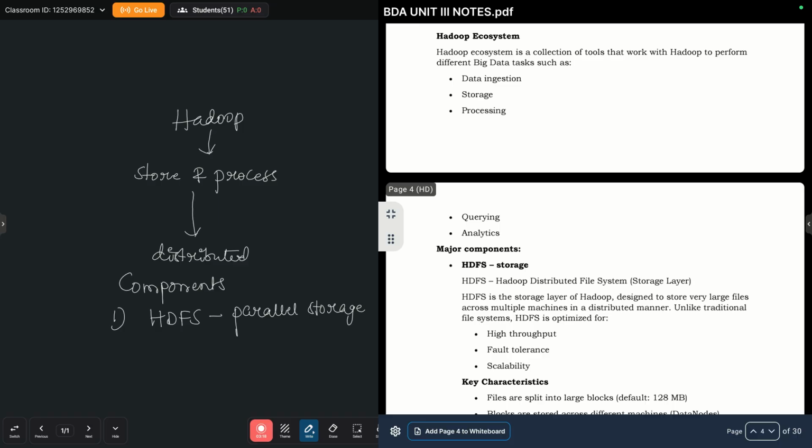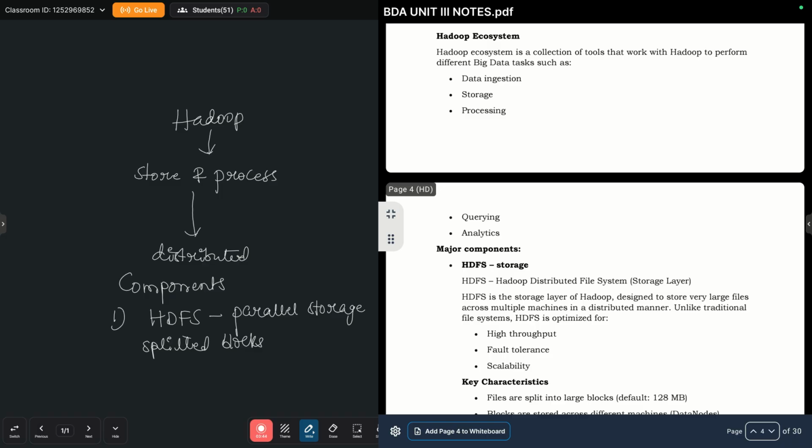So how is the data stored in HDFS? The incoming input files are split into blocks, and all these blocks are equal sized.